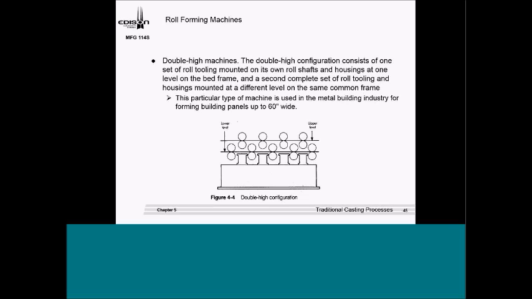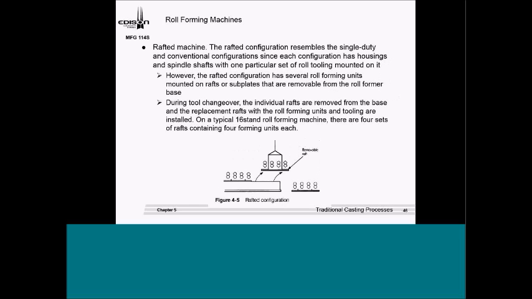There's a nice video on this also on YouTube. Then the rapid machine, and it talks about reassembling the single-duty conventional configurations, which have housing and spindle shafts and one particular set of roll tooling mounted on it. So it's a removable arbor.